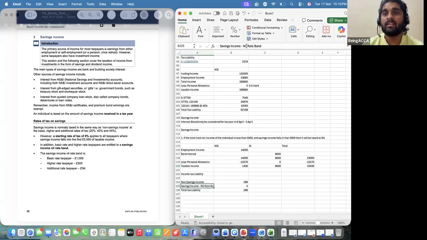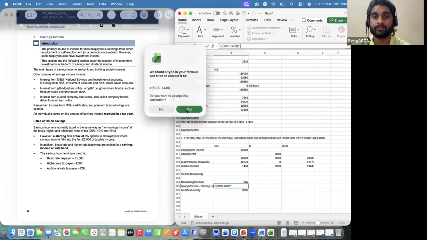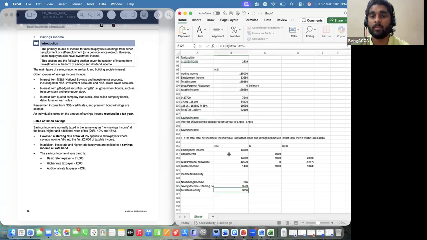The savings income starting nil rate band would be up to 1,430, so this is equal to 5,000 minus 1,430. So 3,570 of that income will be taxed at 0%. Did you understand my point?